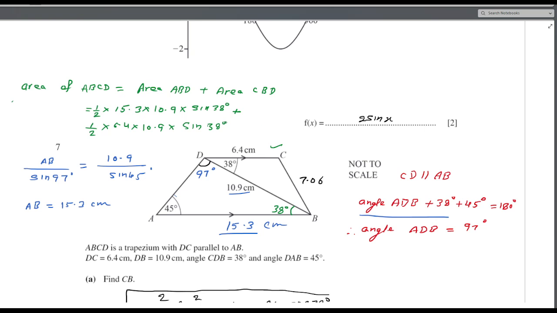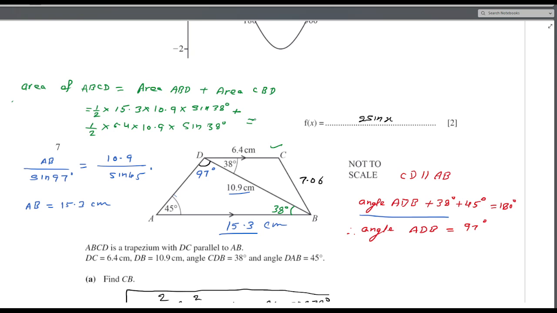So I can take half into sine 38 common, so 0.5 into sine 38, multiplied by, in brackets, 15.3 into 10.9 plus 6.4 into 10.9. Oh, 10.9 is common, so 10.9 also we can take common.